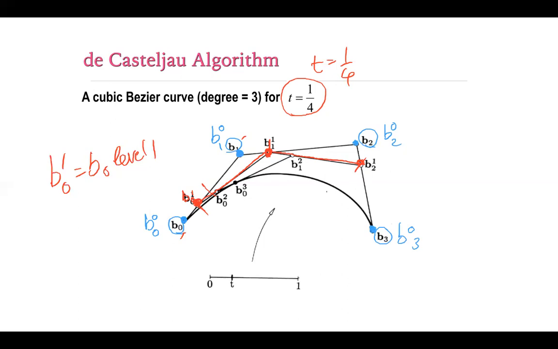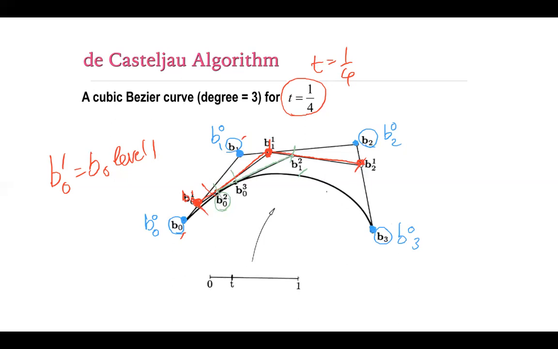And then change to the green one. So the next step is, if we have this red line, we get B0 level 2 and B1 level 2, and then we connect these 2 points by this green line.